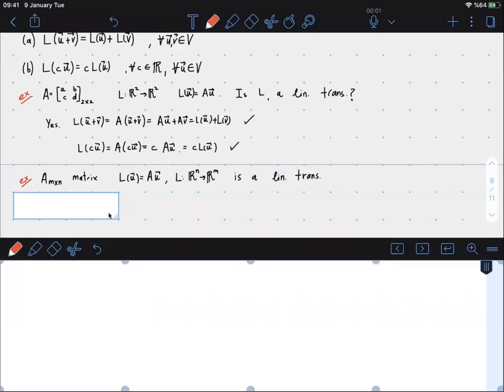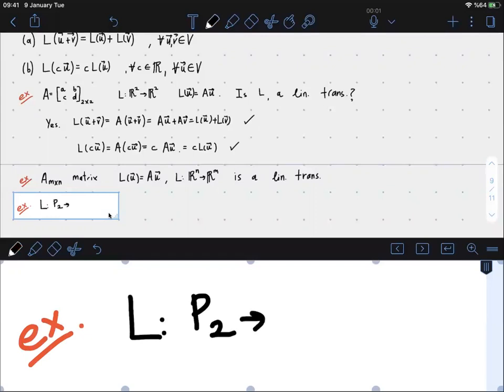Okay, let's look at some more examples. So, for example, let L be a mapping from P2 to, I don't know, R2.